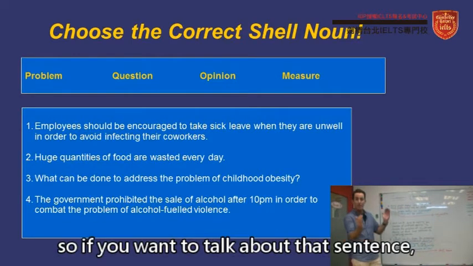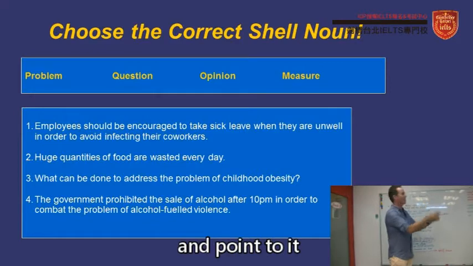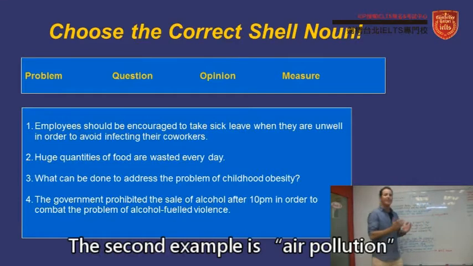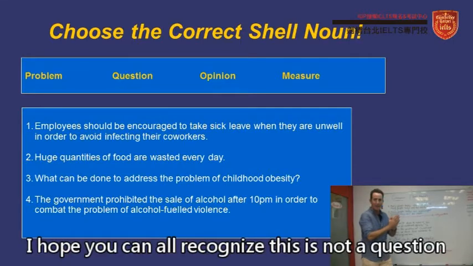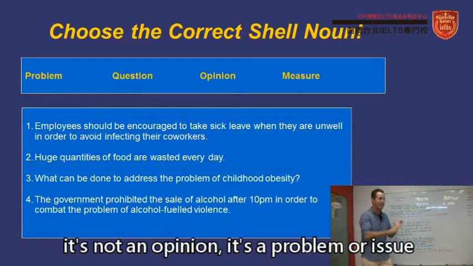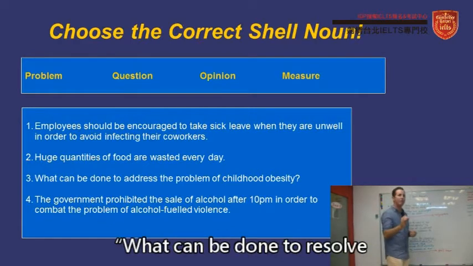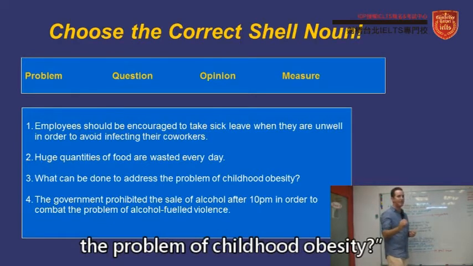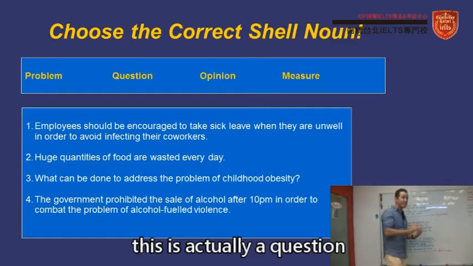So if you want to talk about that sentence, you could refer to it as this opinion and point to it. Okay. The second example is air pollution. So air pollution, I hope you can all recognize, is not a question, it's not an opinion, it's a problem or an issue. Okay. Third example, what can be done to resolve the problem of childhood obesity? And I hope you can all recognize that this is actually a question.